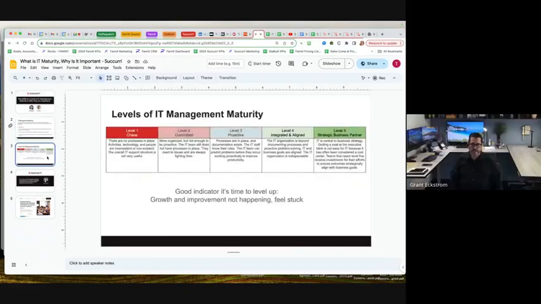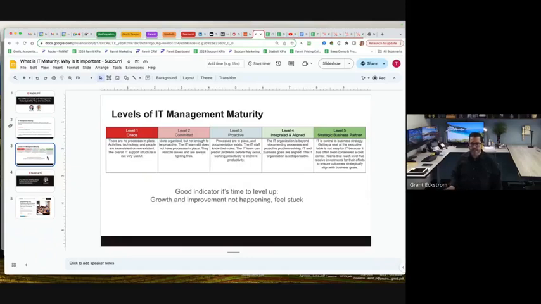Yeah. So you start out at chaos, right? Chaos is what I was talking about, where you're doing everything ad hoc. You're putting out fires as fast as they are starting, and that's just because there's no process in place. There's no strategic thought behind it, because you aren't in business to do IT. You're in business to do whatever business that you do.